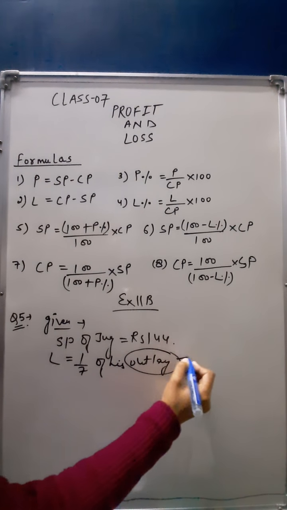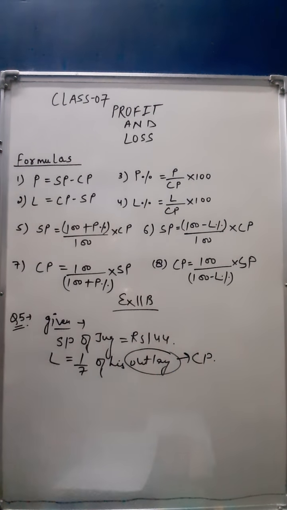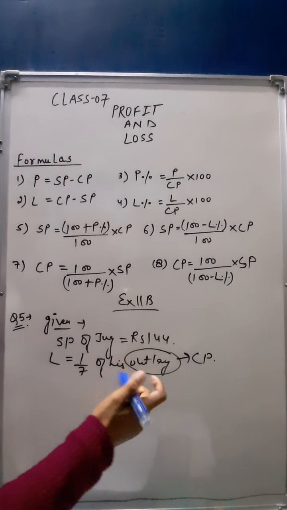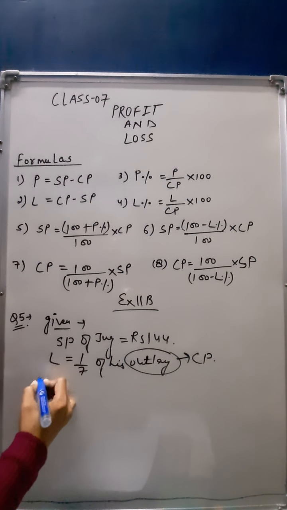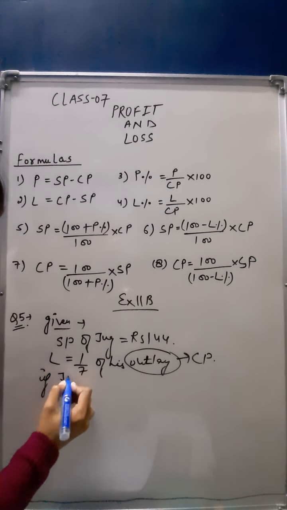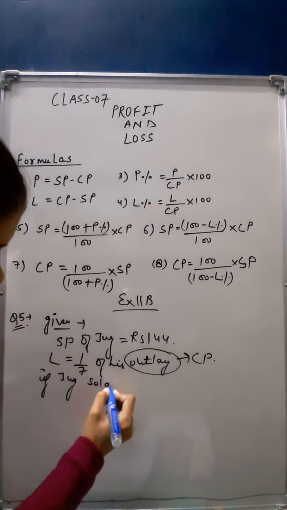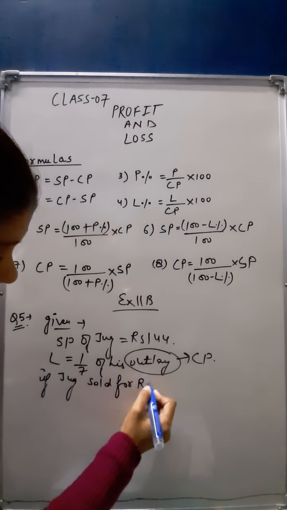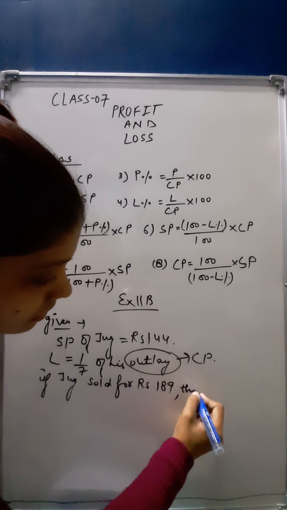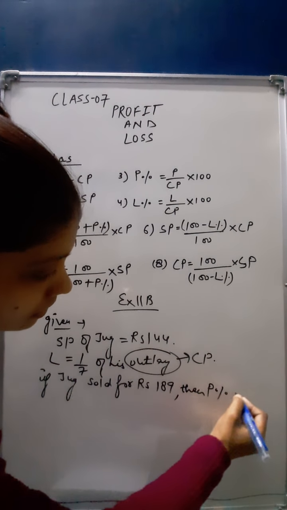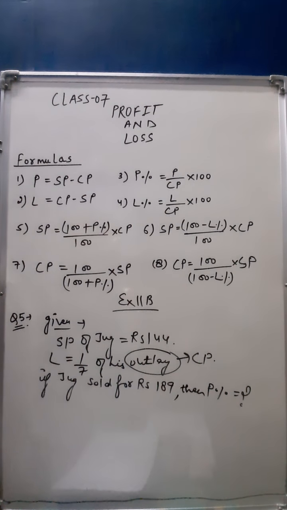Here outlay means the cost price. Don't get confused. The word outlay is used to denote the cost price of the jug. Then the question further says, if the jug is sold for rupees 189, calculate the profit percent. So this is the question.